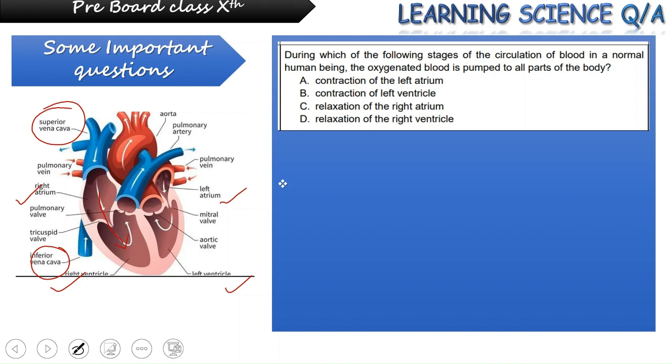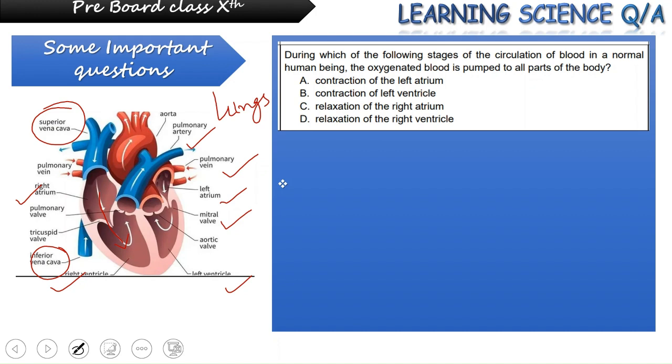Now, at the left side, what we have is the left atrium, which is getting oxygenated blood from the lungs via the pulmonary vein. And with the relaxation of the atrium, the pulmonary vein is pouring oxygenated blood into the left atrium. When the atrium is contracted, the same blood goes to the left ventricle with the help of this mitral valve.